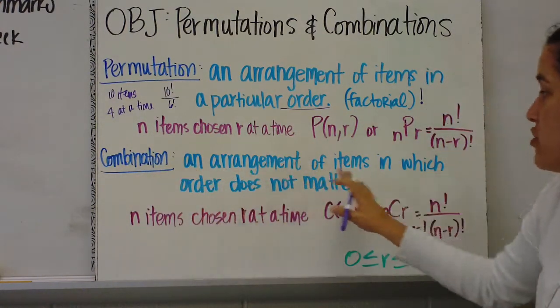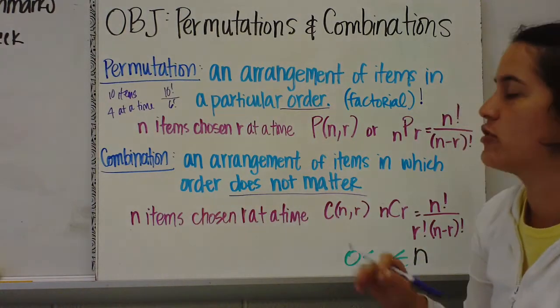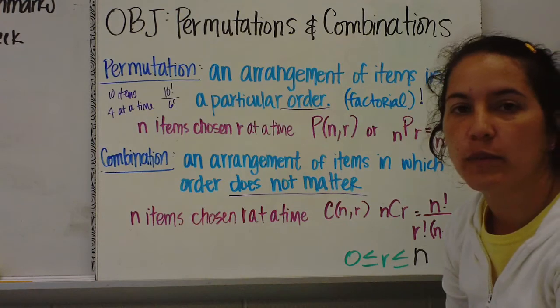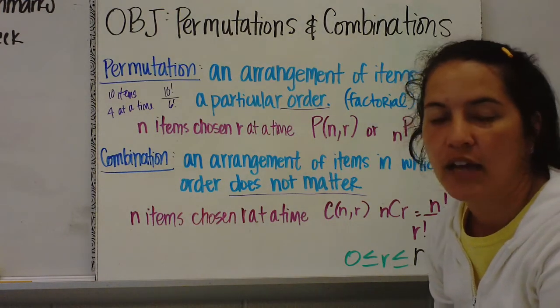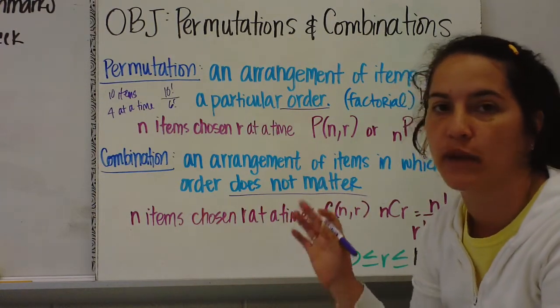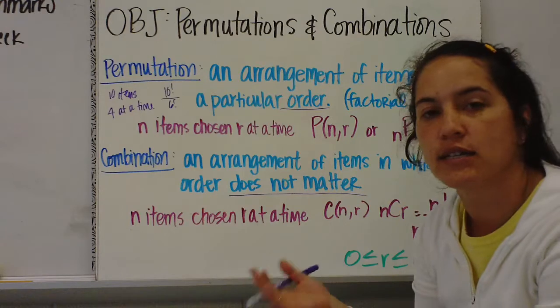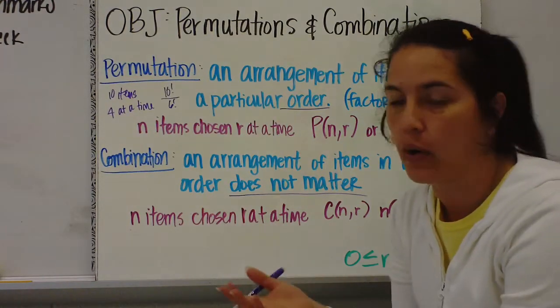A combination is an arrangement of items in which order does not matter. So let's say we have people and we need to put together a team. We're not talking about specific positions. We just need, from a group of people, to pick 5 for a team. That means it doesn't matter the order, first, second, third, fourth, fifth. It just means we need 5 people.